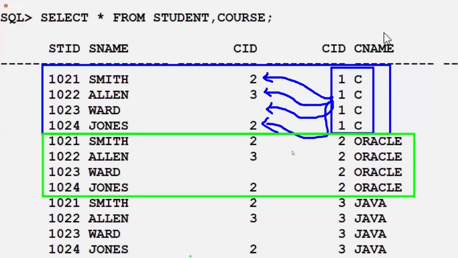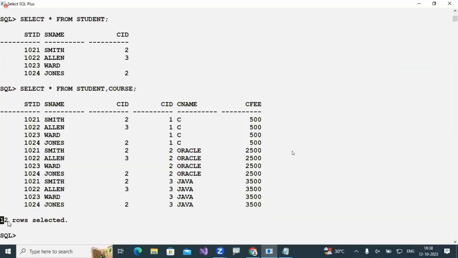Because I have 4 students. So each course is joined with the 4 students. C with 4, Oracle with 4, Java with the 4 students. So that means 3 into 4, 12 times your rows will be joined. That means a row in the first table is compared with all rows of the second table. So this definition is satisfied? Yes, this is the rule of join.